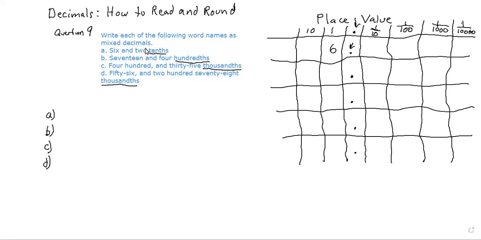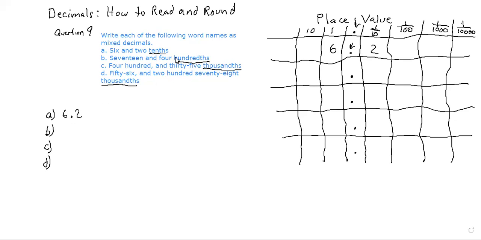The digit 2 has to go wherever that decimal place value is. It says tenths, so we go to the tenths place, 1/10 here, and we put the 2 here. And then we have our number. It's 6.2. So we're going to write that out for A.